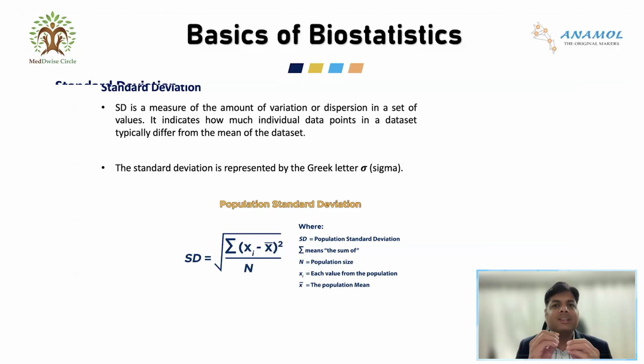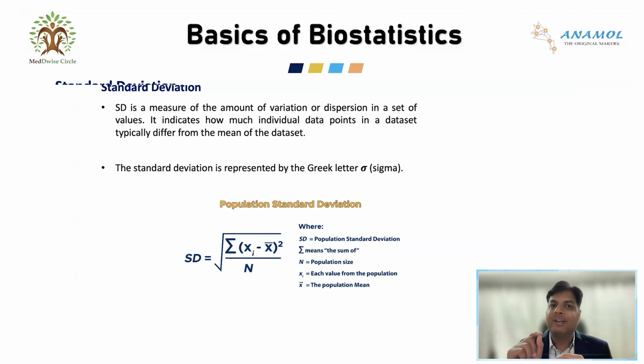I will give you a very simple example. Say, for example, I have three individuals. The first individual has glucose of 80 mg per deciliter. The second individual has a glucose value of 100 mg per deciliter. And the third individual has a glucose value of 120 mg per deciliter. So 80, 100 and 120.